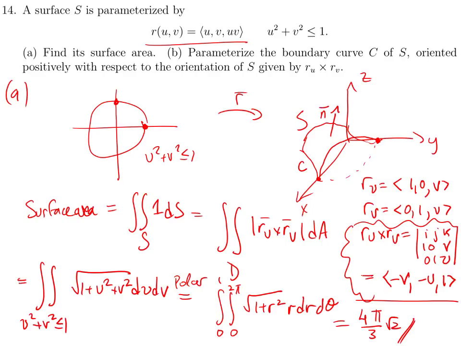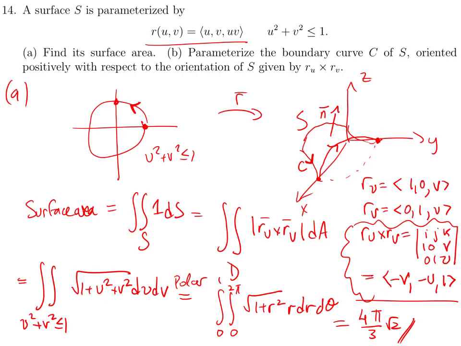And so if I want to find an orientation of the boundary that's positively oriented, well, when I walk along the boundary, with my head up towards the normal, the surface should be to the left. And so that orientation should just be like this. And that corresponds to going around the circle counterclockwise.